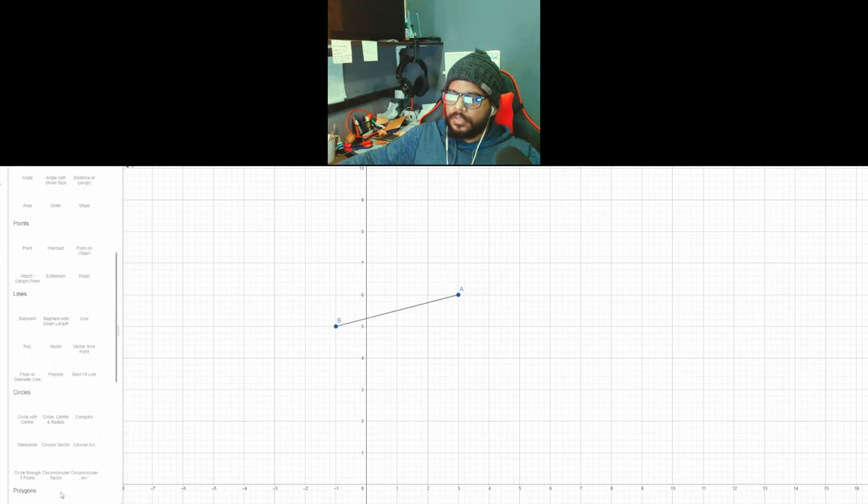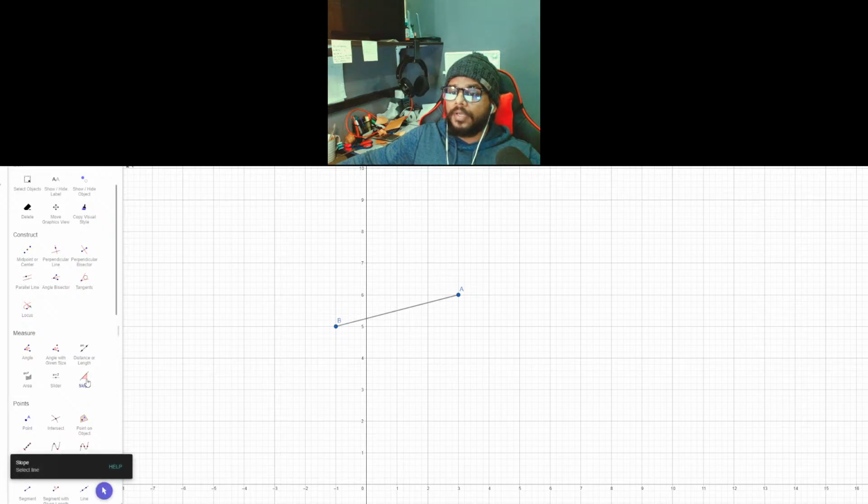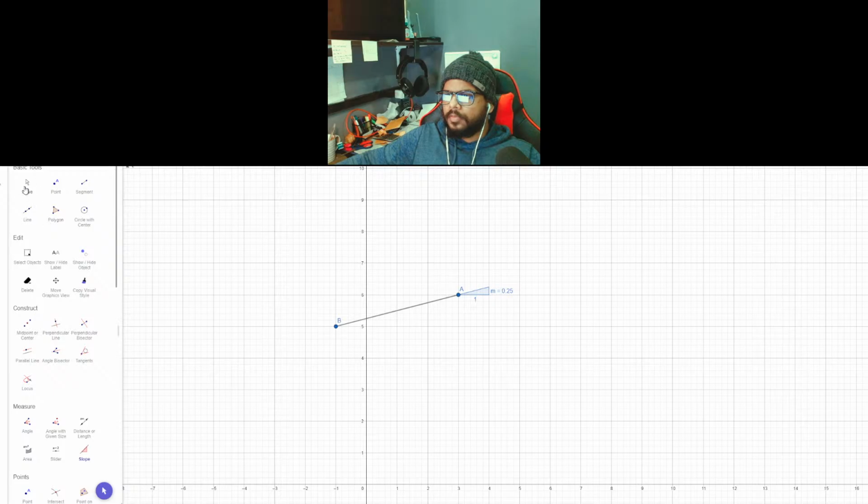So if I were to show you all, and remember we said that the gradient is a number that will symbolize how steep a line is. The gradient of AB is 0.25. Now if I move, let me see if I can move it. Yes. As I move A, the line gets steeper. So the gradient increases. So you'll see how the gradient increases from 1 going to 2, and it keeps getting bigger and bigger and bigger.